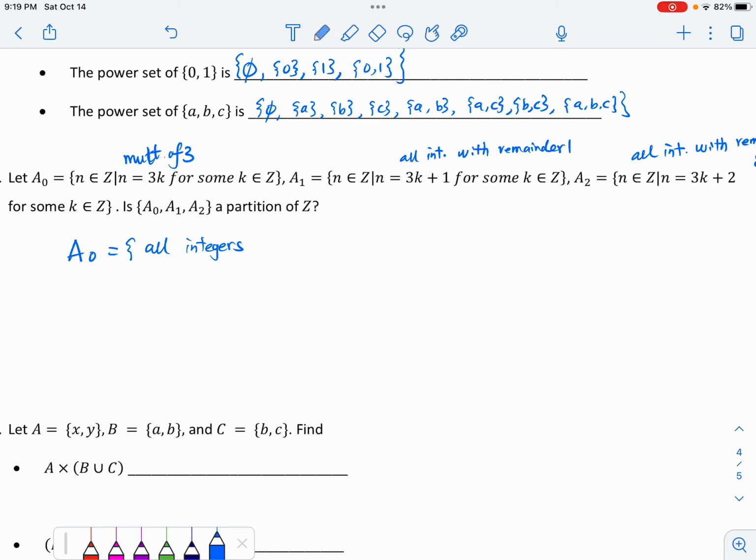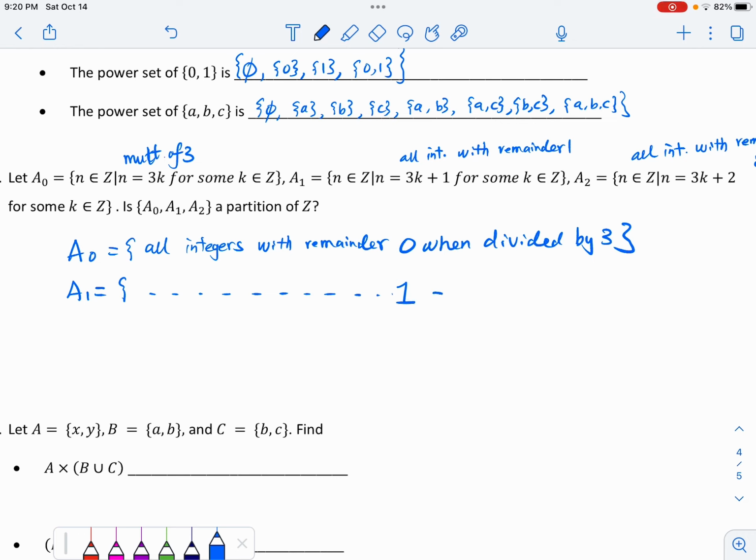So all integers with remainder 0 when divided by 3. And A1, we just explained, is all integers with remainder 1 when divided by 3. And A2 is all the integers with remainder 2 when divided by 3.